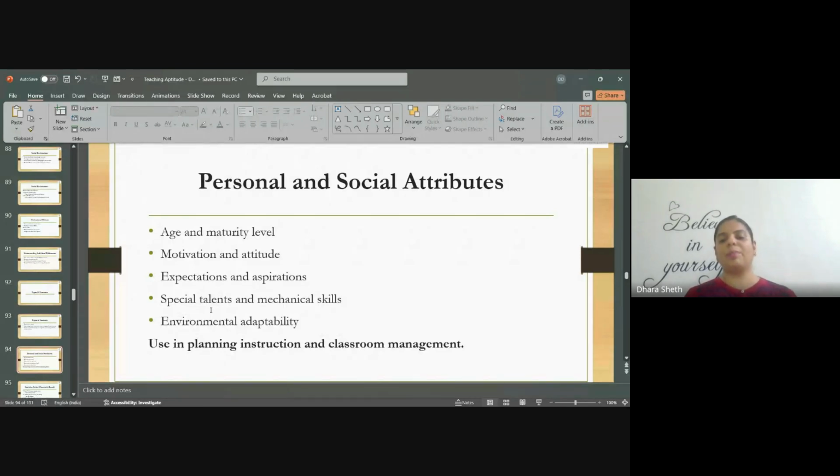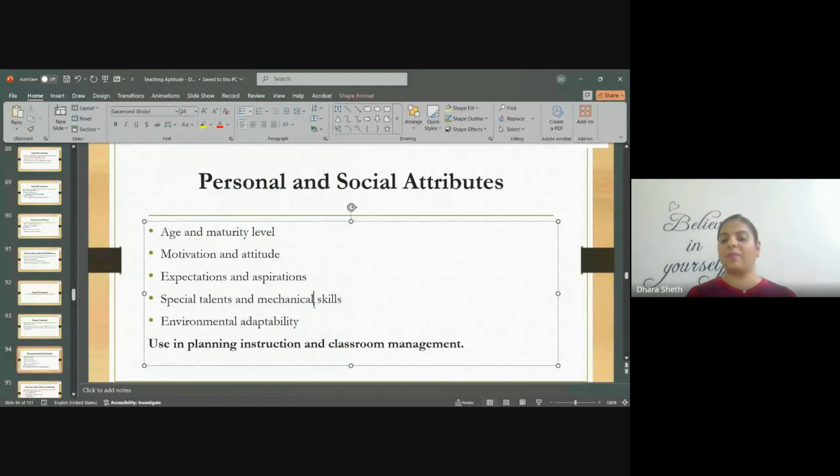If I had to talk about personal and social attributes, then age and maturity level, motivation and attitude of students, expectations and aspirations. Everyone has a different aspiration in school. Like all 6th standard students do not want to become the same person. They have different aspirations or goals in life. Special talents and mechanical skills. Everyone has different skills.